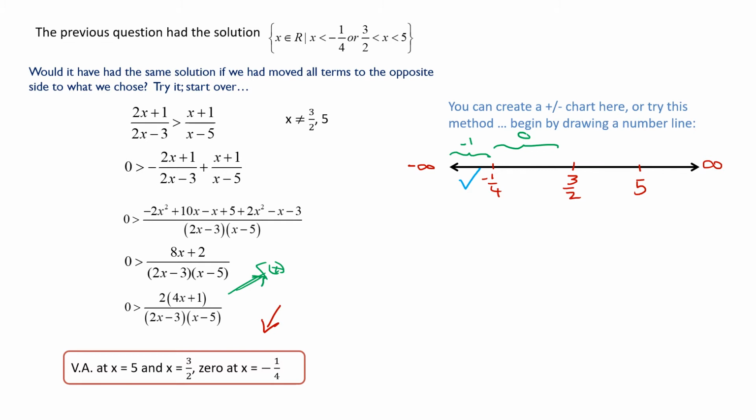So I will put a check mark above the number line. Pick another number between 3/2 and 5, sub it all in. We're doing the same thing we did before in the chart, it's just a little more condensed. I get a negative. Sub in a number greater than 5, like 6, for all of the x's. It doesn't matter what the number turns out to be, only if it's positive or negative, and it's positive.